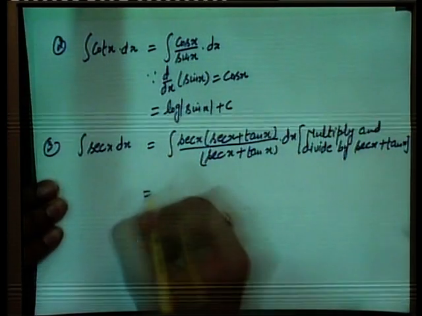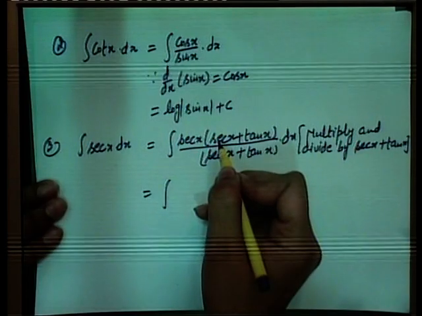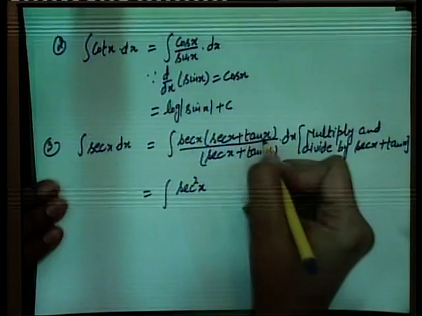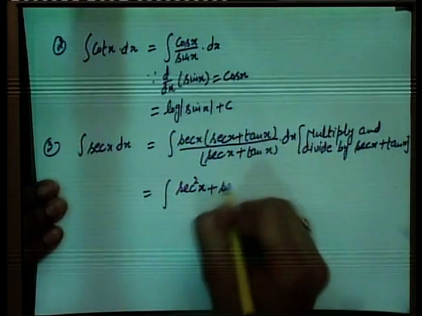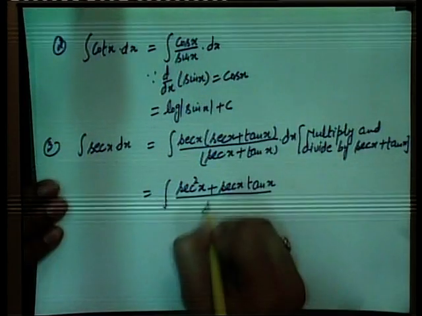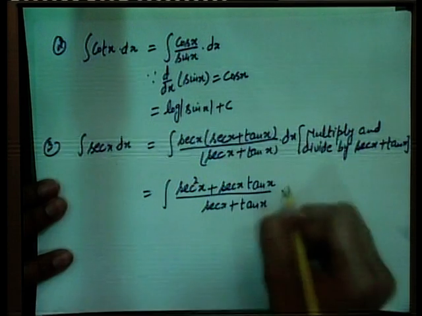Now, let us see in the numerator what we have. Let us open the bracket. Secant x into secant x we know is secant square x, secant x into tangent x plus secant x tangent x. In the denominator we have secant x plus tangent x dx.